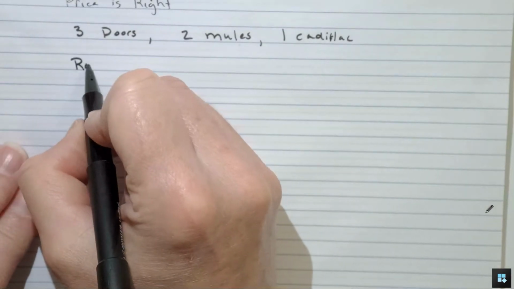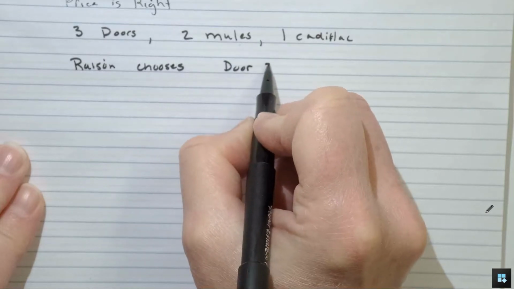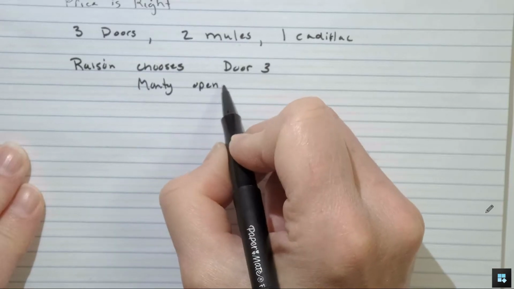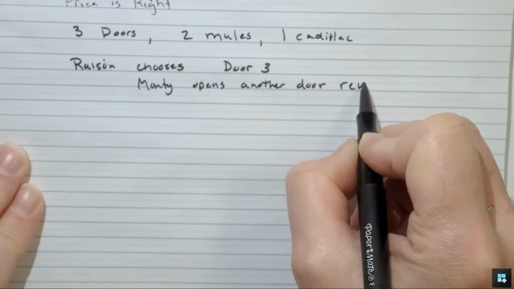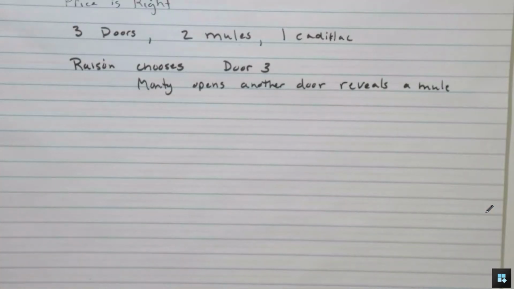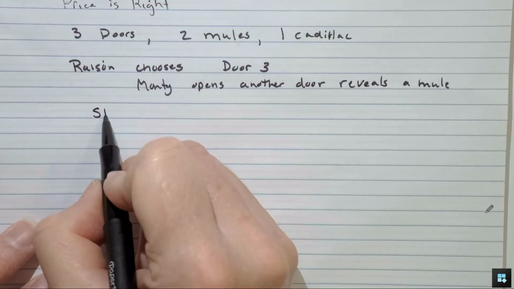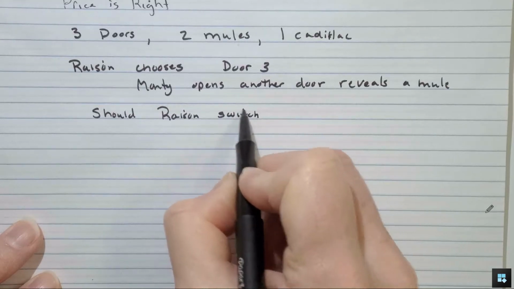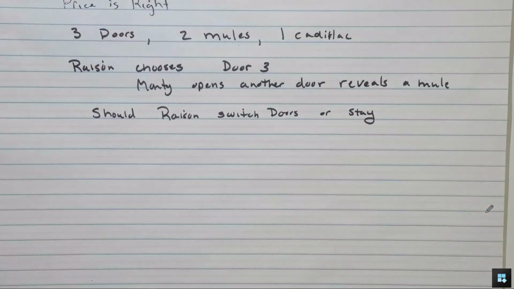So the raisin chooses door 3, and then Monty opens another door and reveals a mule. So then Monty says, do you want to switch, or stay with the door that he's chosen?